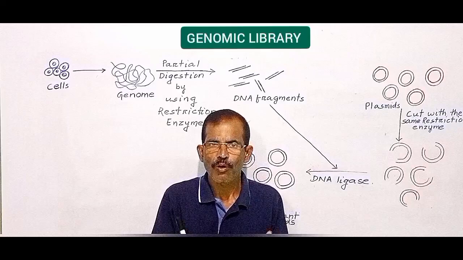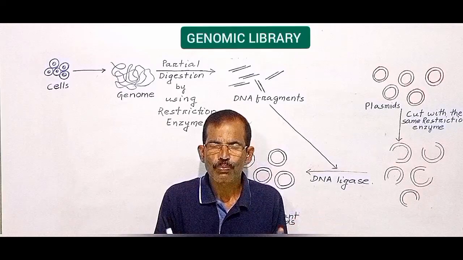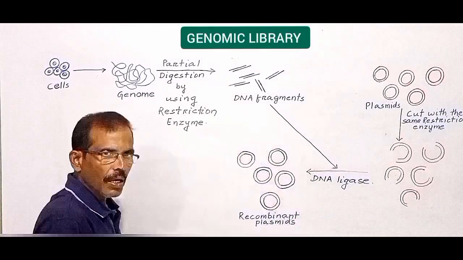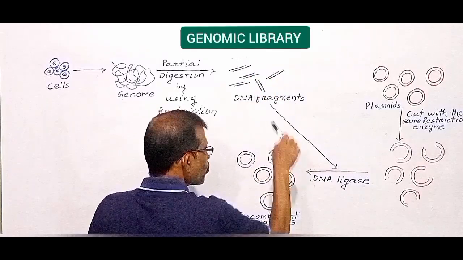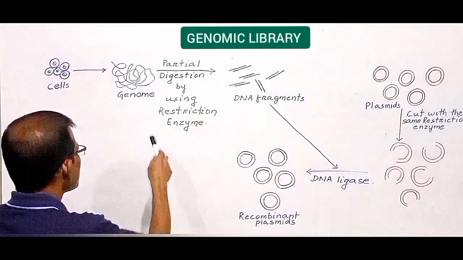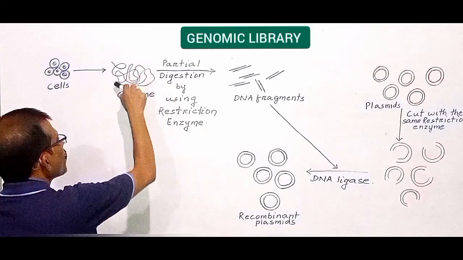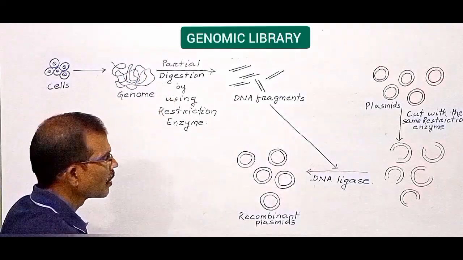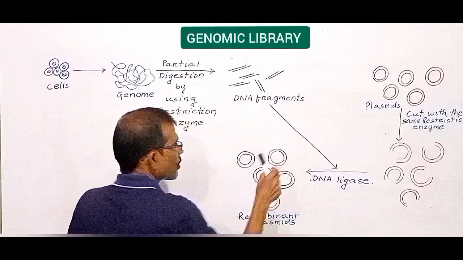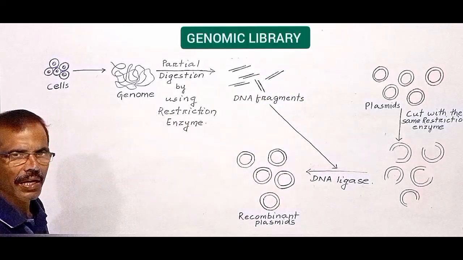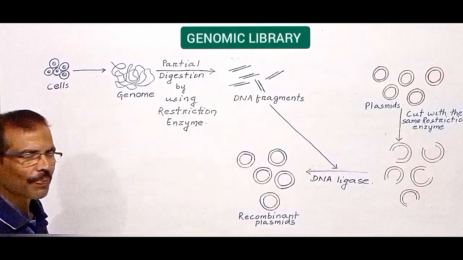Artificial plasmids are often used to clone small DNA fragments. In our example, these are the DNA fragments which are obtained from the partial digestion of genomic DNA. So all these fragments together make up the total genomic DNA of the organism.